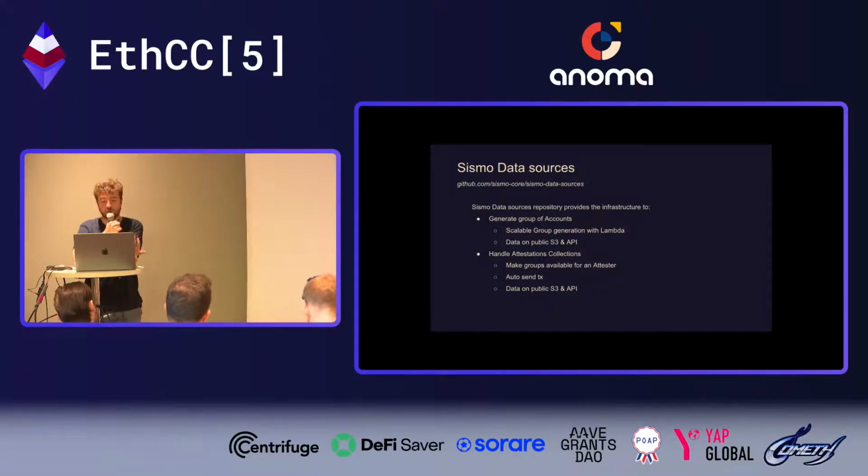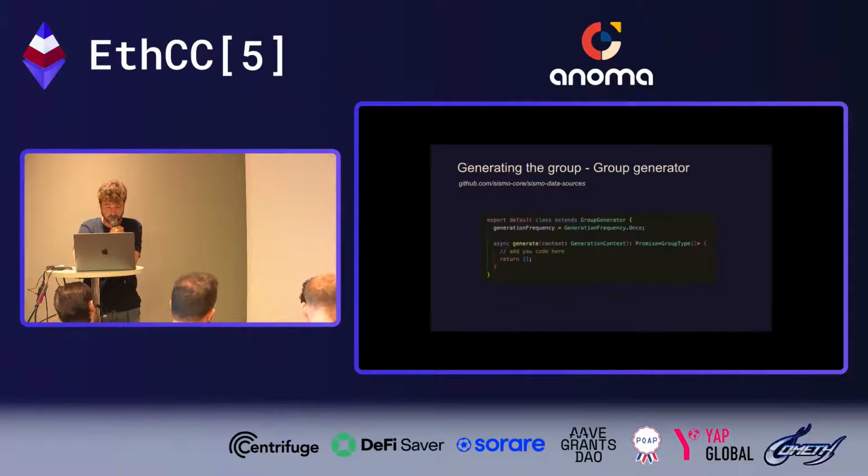So I'm going to show you how it works and how easy it can be for a developer to create a new group. When you want to generate a new group, you just extend the group generator class, and you put the generation frequency you want for your generate function to be called and to create new groups.